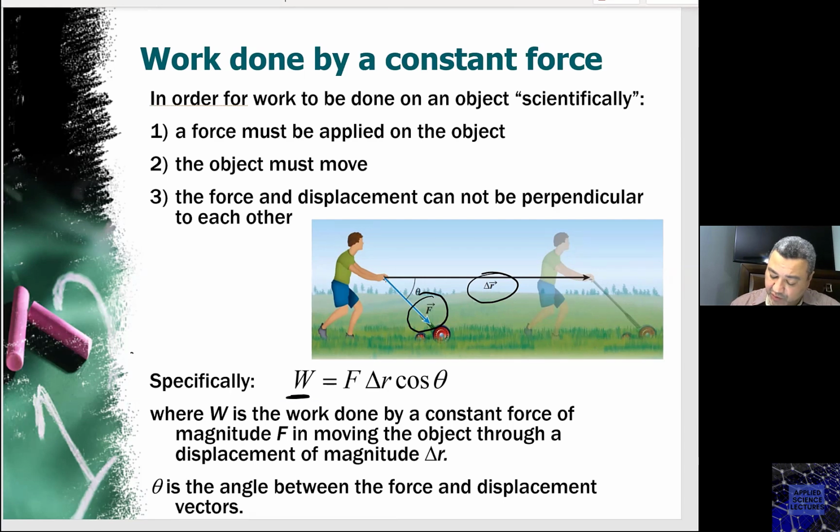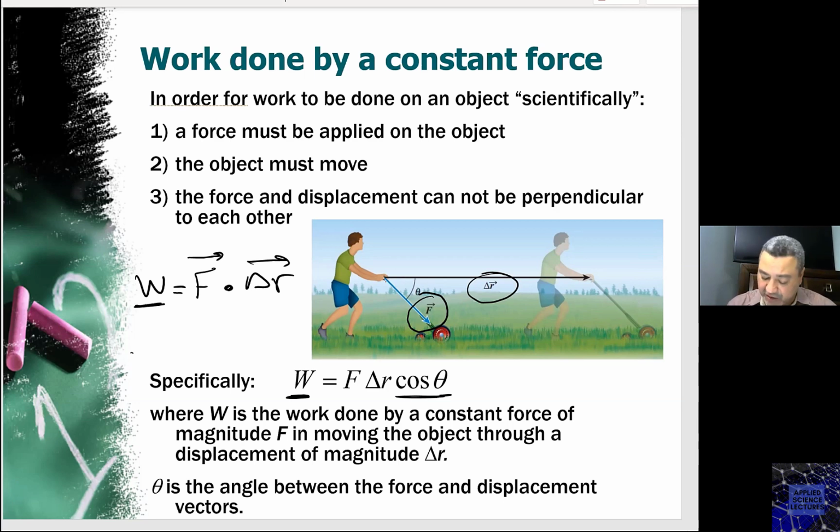This work is given as W equals the force magnitude times the magnitude of the displacement times cosine theta. This is the result of the dot product between those two vectors. So in general, mathematically, W equals F dot delta R. Now the result is a scalar.